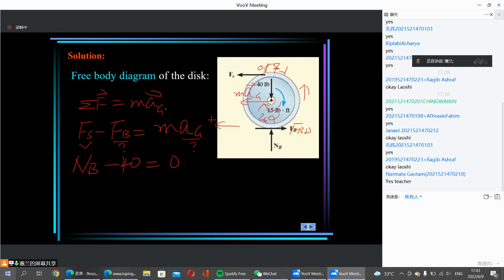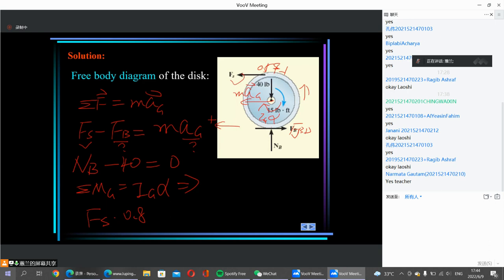Except for sigma F equal to MAG, we also have sigma MG equal to IG alpha. What will sigma MG be? What forces will have a moment? Fs and Fb and M, right? So we will have Fs times 0.8, where 0.8 is the radius. Fs times 0.8 will produce a moment about the mass center.